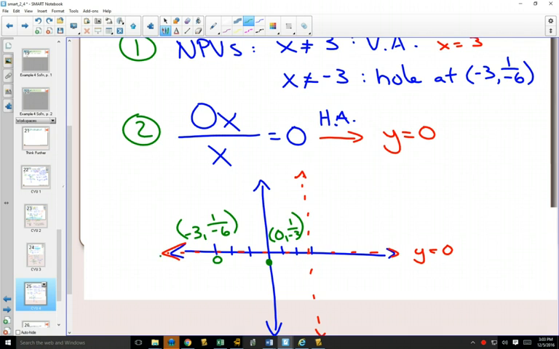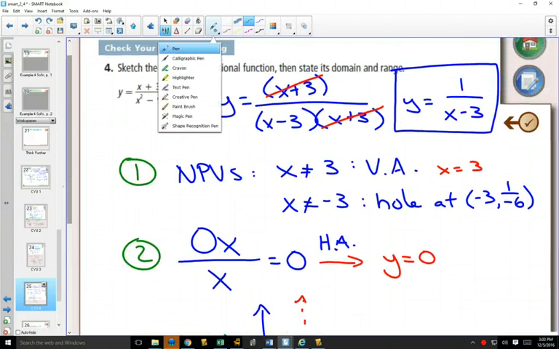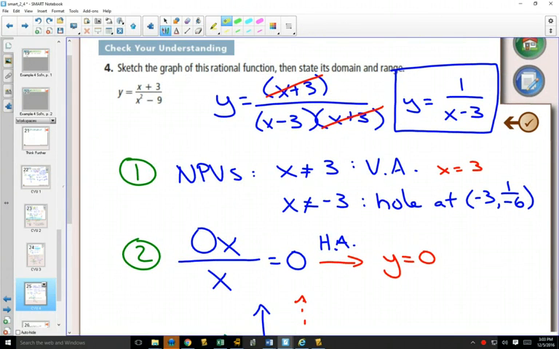And now we have enough in this section to graph our function. X-intercepts are whenever our numerator is equal to 0. And that never happens, so we have no x-intercepts.